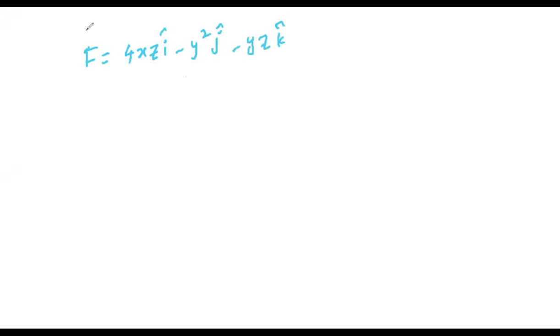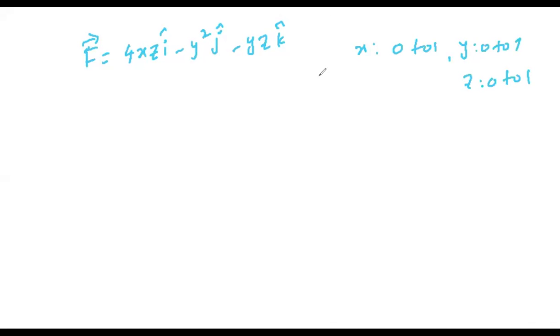This is the vector they gave, and x is from 0 to 1, y is also 0 to 1, z is also 0 to 1. These are the problem, and we need to do it.